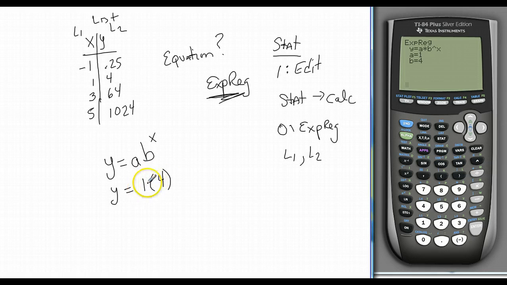Notice I don't put a star; that just means multiply. Now you don't have to have the 1 here. This cleans up. Nobody would ever write it that way. They would just write y equals 4 to the x. Here's a major clue right here: the first power is a 4. Congratulations. That's an exponential regression.